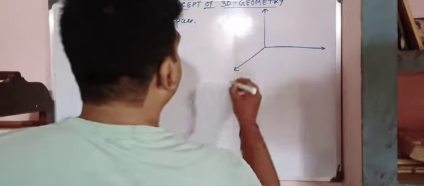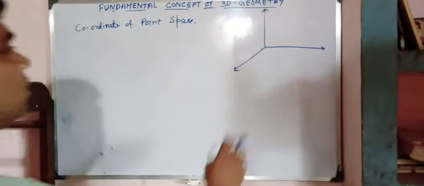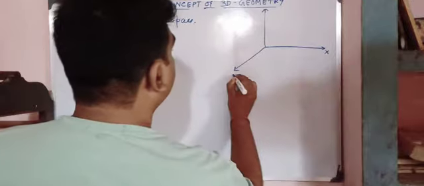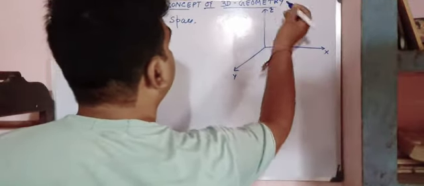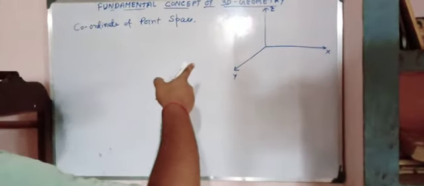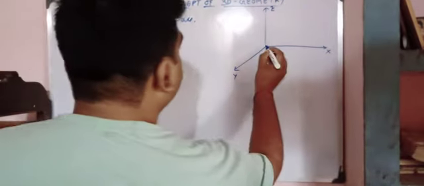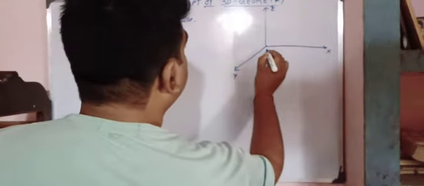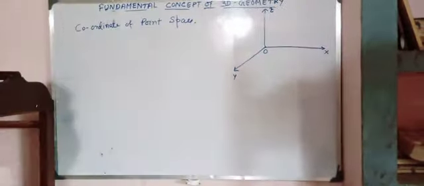So let us take this as coordinate axis. This is my x axis, y, and this is z axis. Now each axis makes an angle of 90 degrees to each other, and this is my origin.